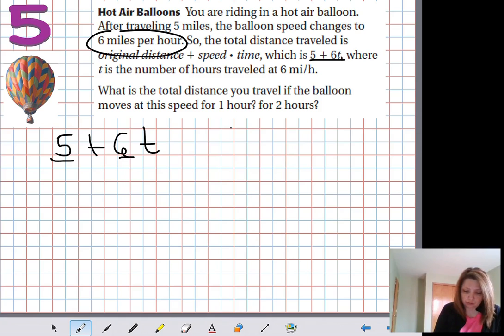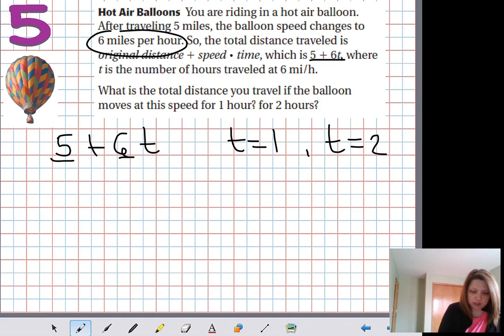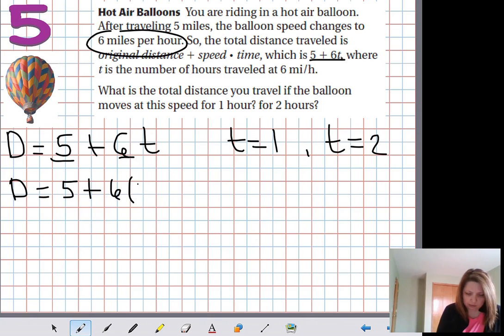So now, first they're asking if t is equal to 1, what will be the total distance here? And also if t is equal to 2 hours, what will be the total distance as well? So the distance will be equal to, for the first one, 5 plus 6 times 1, which is, well, 6 times 1 is 6, plus 5, we will get 11 miles.